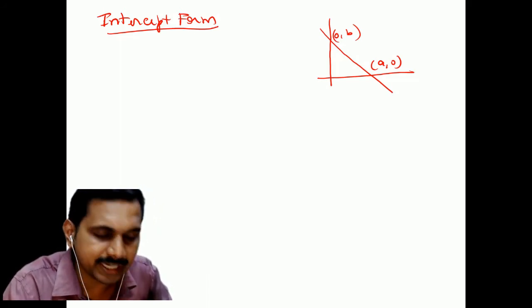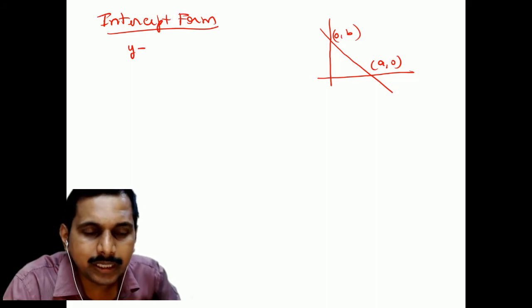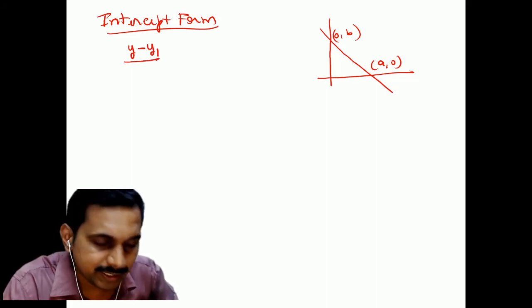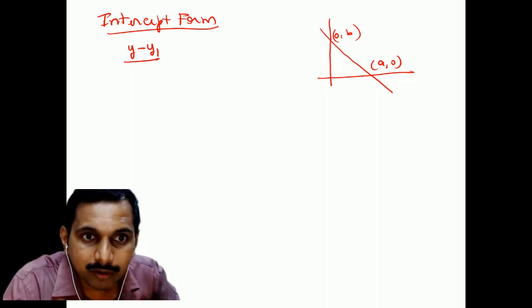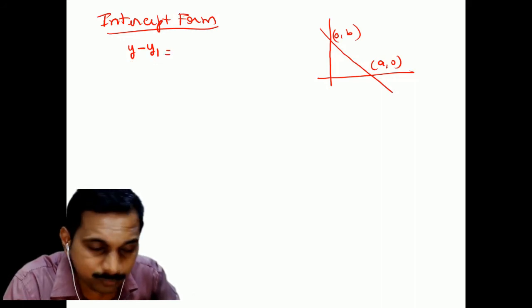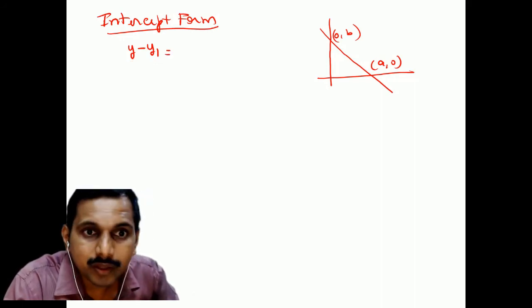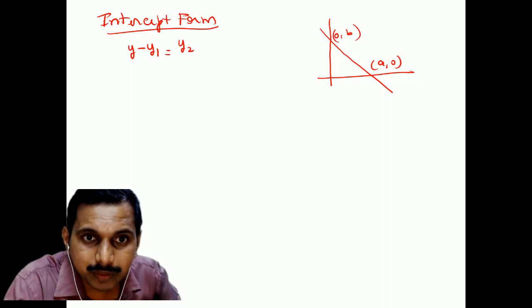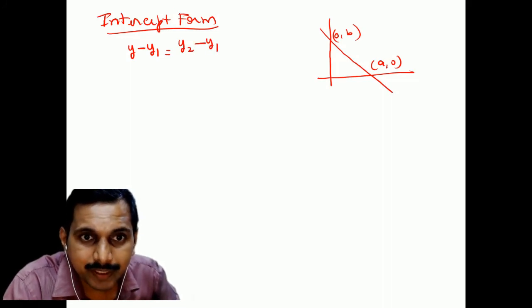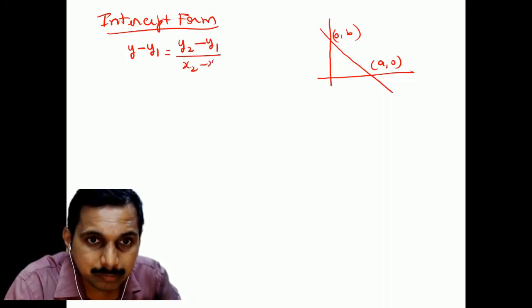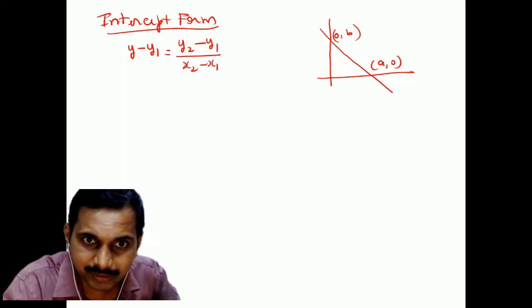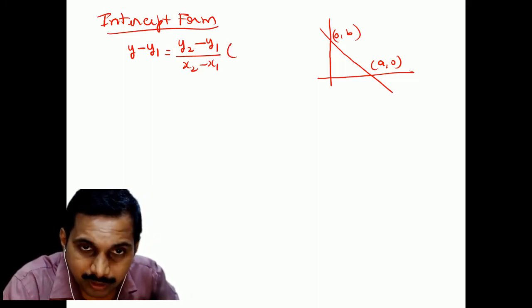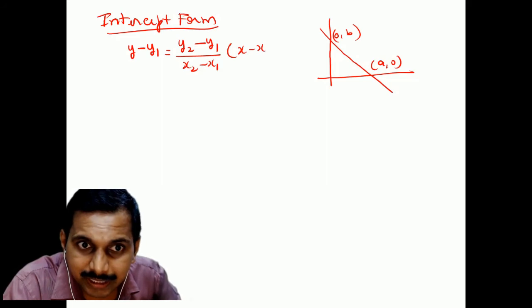If there are 2 points, I can write this as y minus y1 is equal to y2 minus y1 divided by x2 minus x1, correct, into x minus x1.